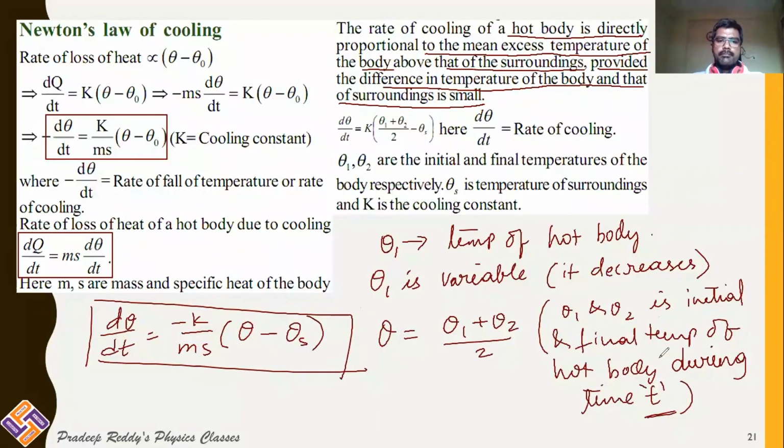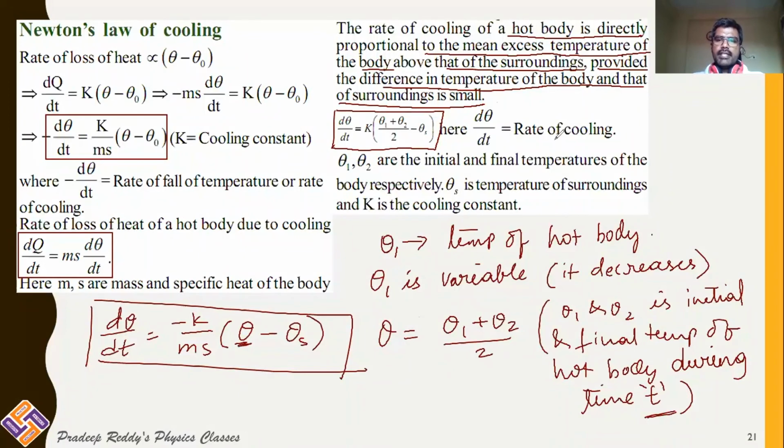Don't worry about it. Instead of theta, as the body is continuously losing heat energy, its temperature decreases. Therefore, we will be taking the average of the temperatures, theta 1 plus theta 2 by 2. So finally, that gives you this equation: d theta by dt is equal to K, where K is some constant, into (theta 1 plus theta 2 by 2 minus theta s).